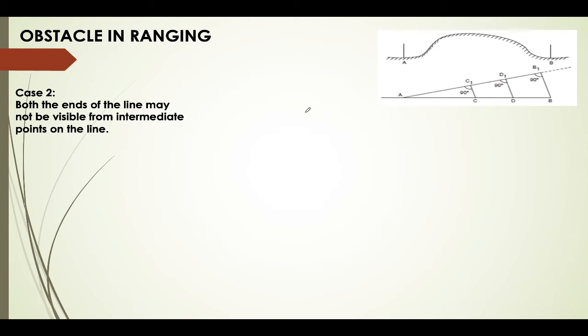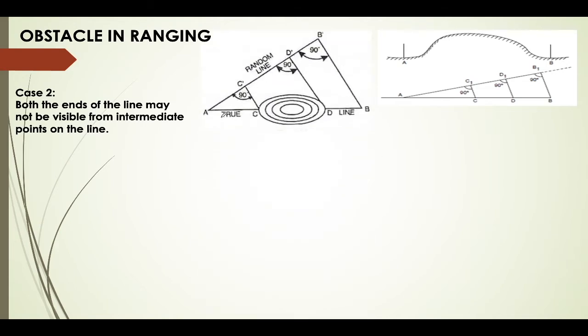Now we'll carry out a simple calculation wherein we locate these intermediate points almost on the same line as A and B. Let us consider AB to be the line, in which A and B are not visible from intermediate points on it. From A, draw a random line AB1, but it should be as near to station B as possible.